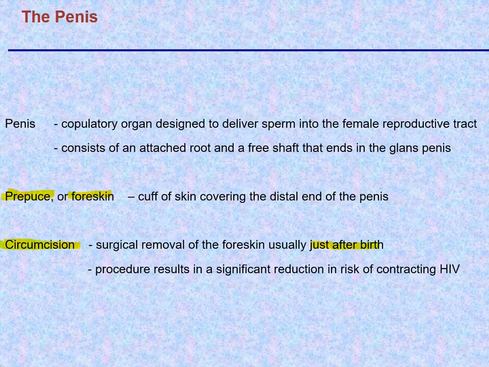The surgical removal has some religious significance with certain religious groups or certain cultures, is a traditional procedure, but it also was considered to be promoting cleanliness, and in fact has shown more recently to significantly reduce the risk of contracting HIV infection.